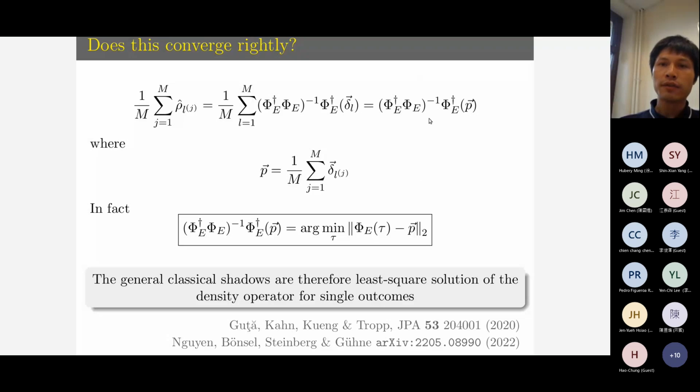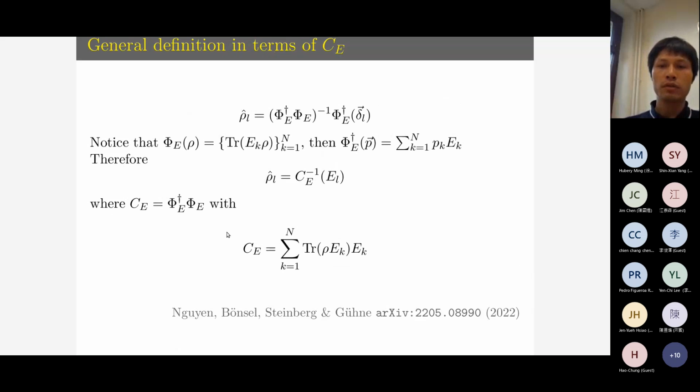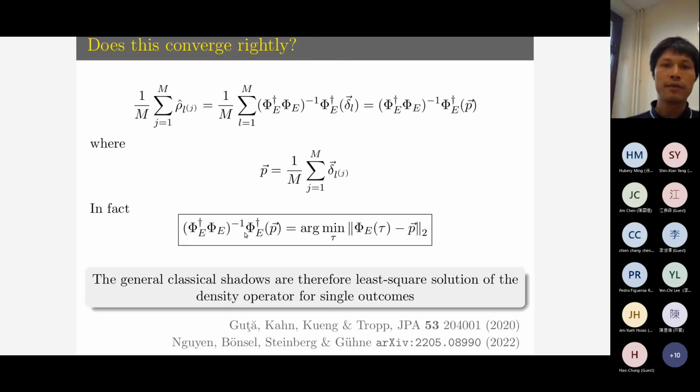It turns out that this formula is the least square estimator, or least square solution, to the problem of estimating rho so that the statistic is exactly described by the statistic that you measure in the infinite sampling limit. And it's quite straightforward to derive this formula. So I don't derive it here, but I just claim that it's just a least square solution.